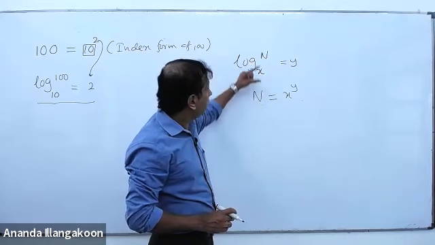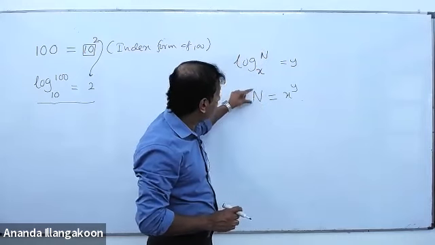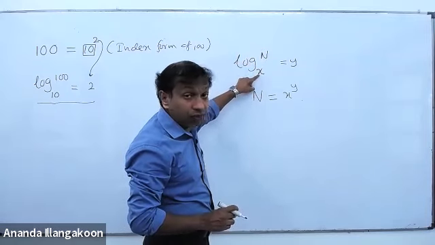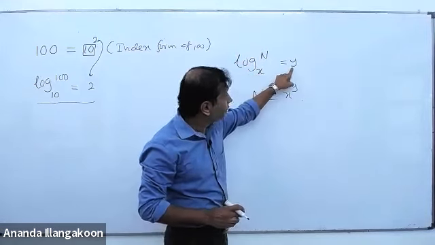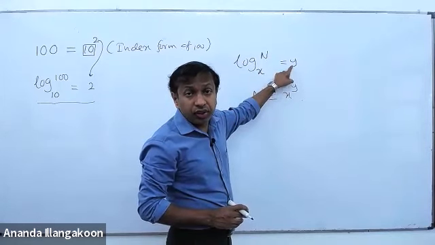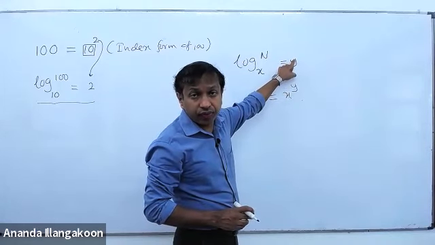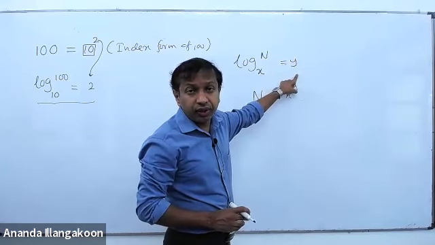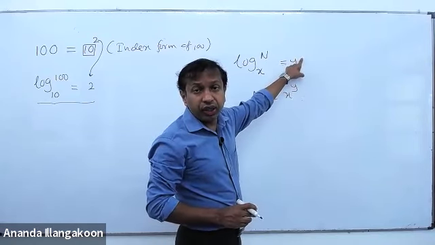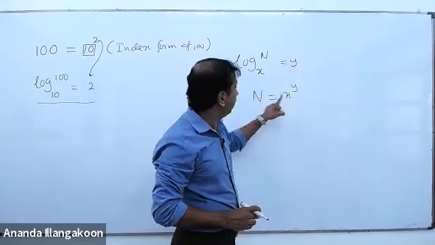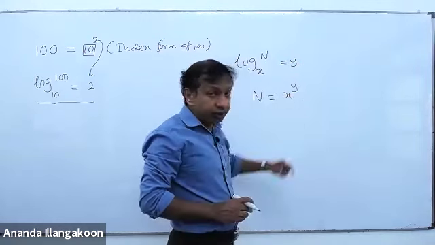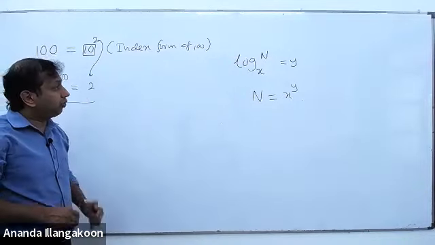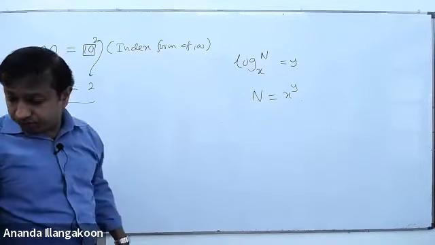We take this number here, and this base of the log, x, we take to the right and take its power y. We usually say x goes to the right and keep this y on its head, x to the power y. Understood? These things we learned last week.